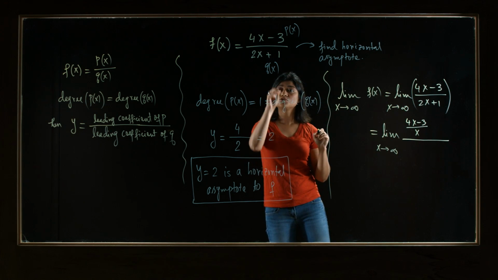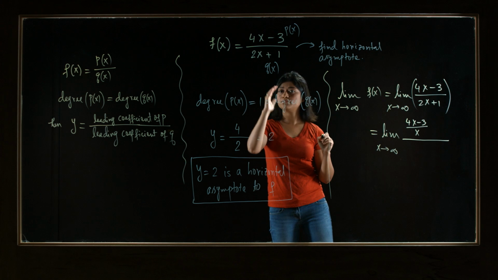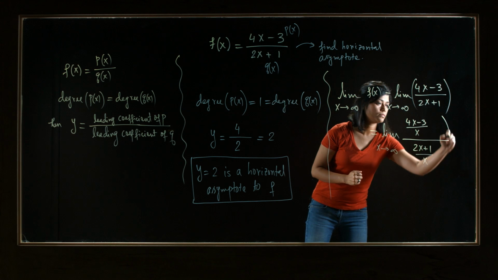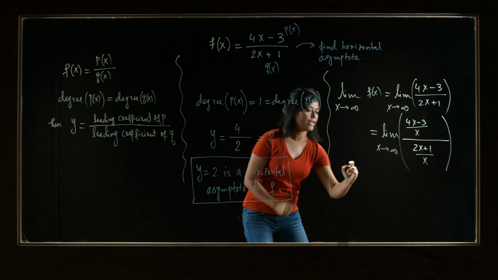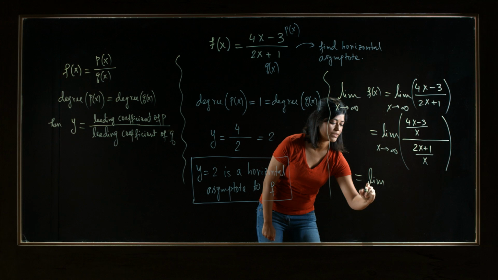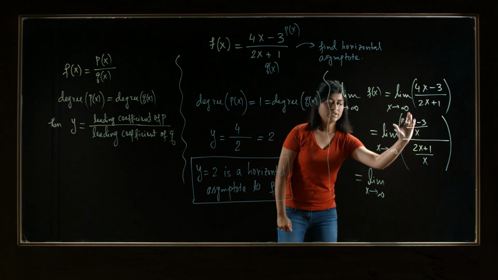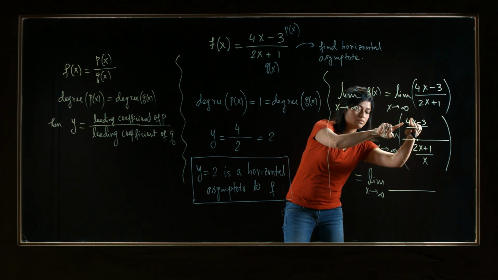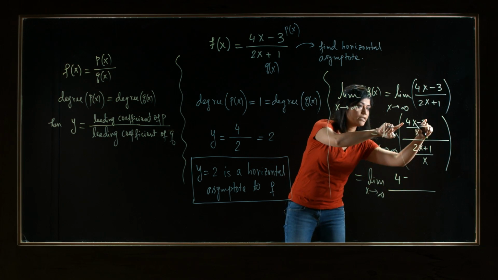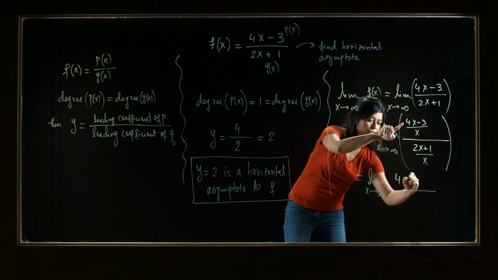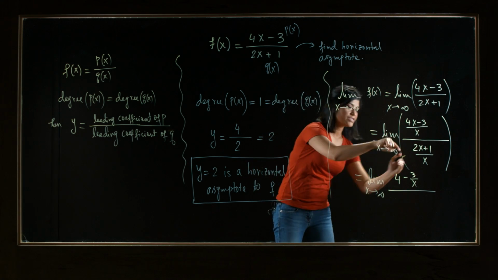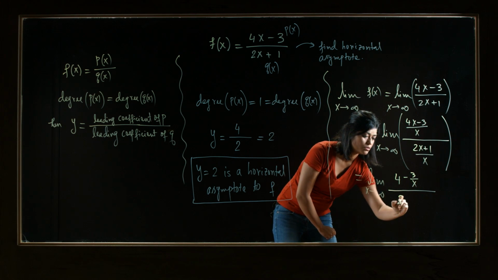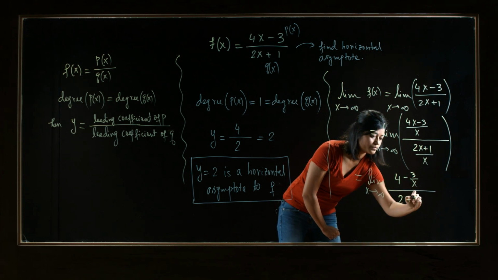You are dividing by x to the power of the highest degree, whichever it is from numerator and denominator. Then we simplify a little bit and rewrite the two expressions. In the numerator we divide 4x over x, so you get 4, and then you get 3 over x with a minus sign. In the denominator, same thing, you're just dividing both terms by x, so 2x over x is 2, plus 1 over x.